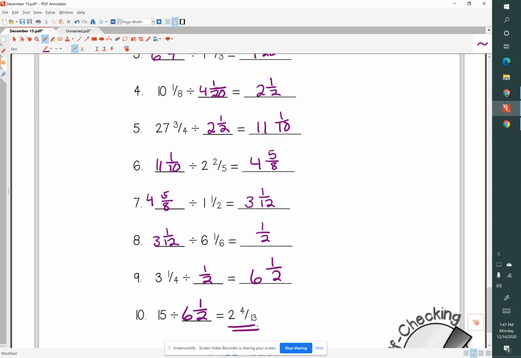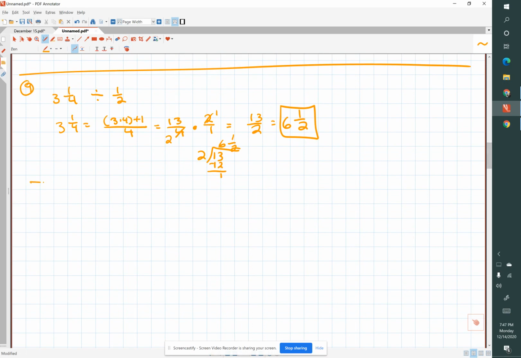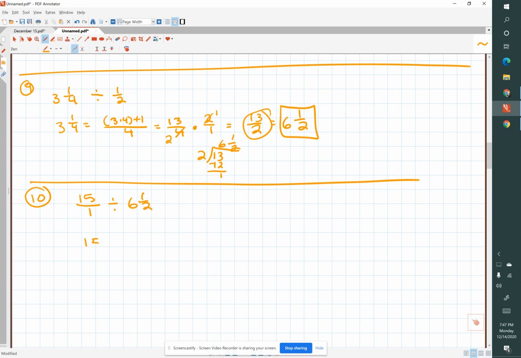All right, we're going to check this. We never trust, we always verify. So the 6 1/2 we know is the same as 13 halves. So we're just going to do, it says 15, which we will put over a 1, divided by 6 1/2. That would be 15 over 1 multiplied, instead of 13 halves, 2/13. 15 times 2 is 30/13.